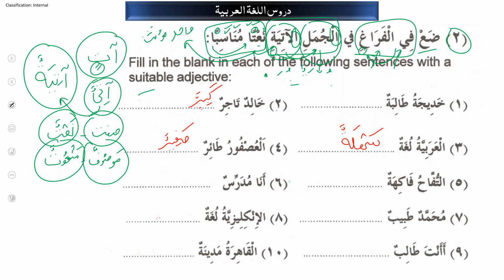Beautiful. Yes. Okay. التفاح فاكهة لذيذ. The apple is delicious, tasty. Tell me the mistake. Fakiha is fawakih. You said the plural. What was the mistake?